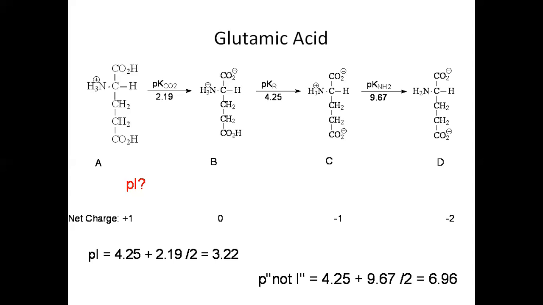A similar process can be gone through for the other two pK values of 4.25 and 9.67, yielding a value of 6.96. Though this is not an isoelectric pH, it does not have a special name like that.